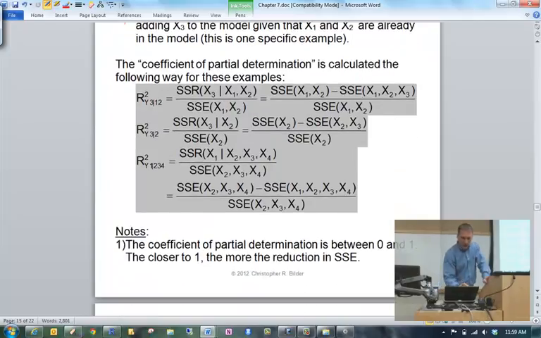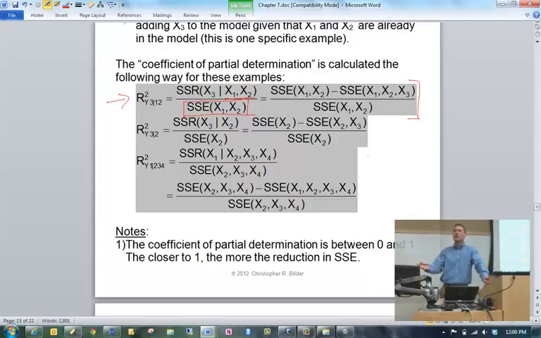So what does it look like as an equation? Now please be careful, this is a little bit different from our regular old R squared, because we're already starting from the standpoint of having some variables in the model. This coefficient of determination, I should say, is SSR of x3 given x1 and x2 in the model, divided by SSE given x1 and x2 in the model. So in essence, this SSE given x1, x2 in the model is playing the role of SSTO that we had with our regular old R squared.